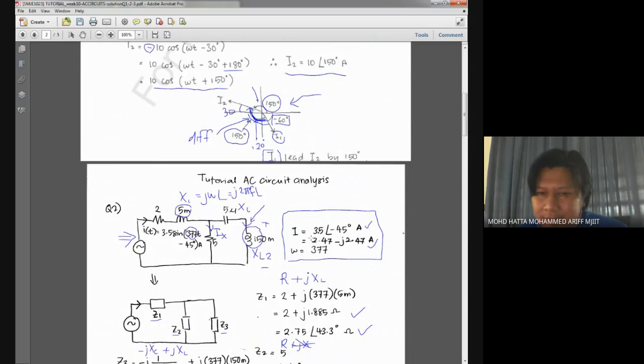Please do some practice, or do back, for example, yesterday Izaidi asked me about example 10.2. Very good, Izaidi. He tried to do back the solution, and he says to me that my answer is a bit different from the one available in the textbook.